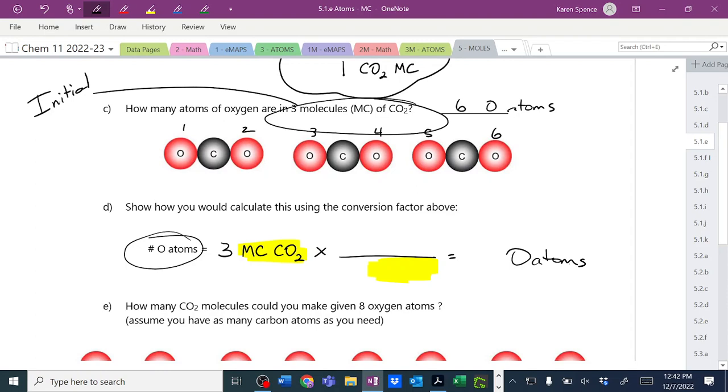What unit must we cancel? Molecules of CO2, and we want to find O atoms. And we know that there are 2 O atoms for every 1 molecule of CO2, and so we'd cancel those out and we get 6. So that's how you would show the work.